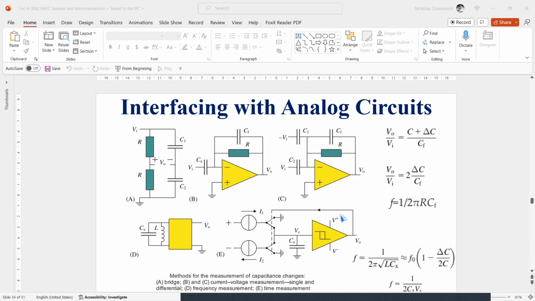At that moment the switches turn over and the capacitance is discharged until the lower hysteresis level is reached. The result is a periodic triangular output signal with fixed amplitude between the levels of the Schmitt trigger and a frequency related to the capacitance according to this last equation, where Vs here is the hysteresis range of the Schmitt trigger.